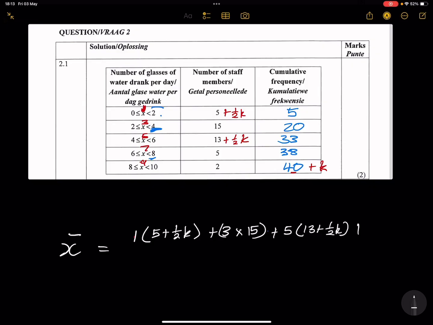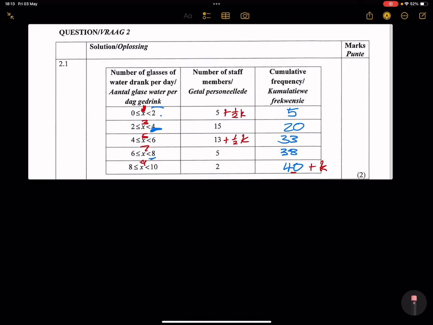I have to try and fit all of these values into one line, so allow me to make a little bit of space here. So 1 times 5 plus 1 over 2k, plus 3 times 15, plus 5 times 13 plus 1 over 2k.